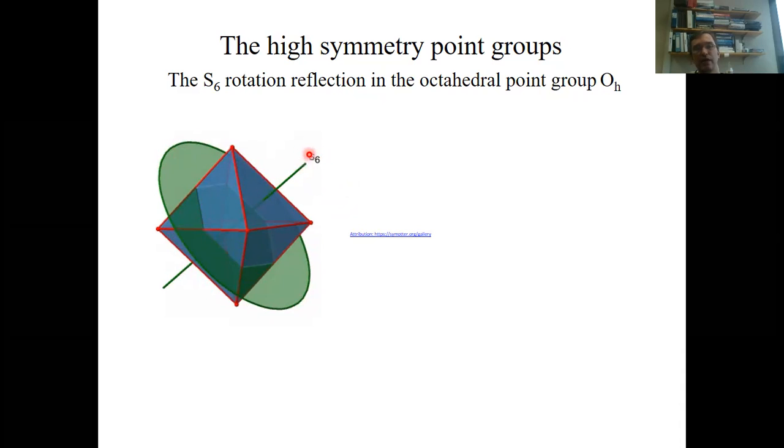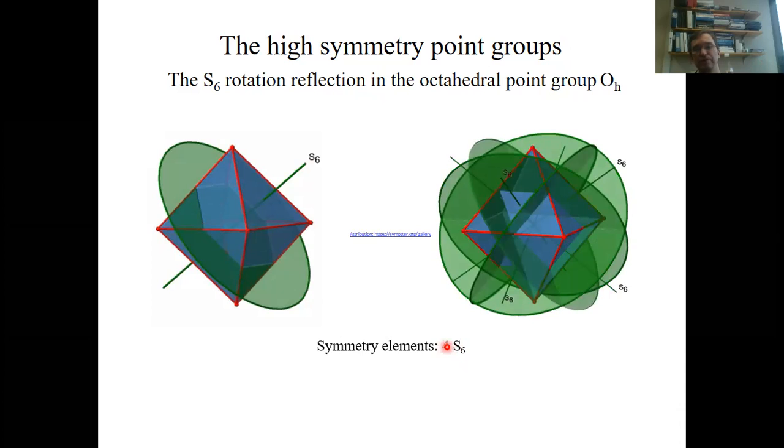So how many of these elements will we have? Each element contains 2 opposite faces. We previously saw that we have 8 faces to consider. So 8 over 2 gives overall 4 symmetry elements to consider. So how many symmetry operations will we have to consider? Well, in principle, we have to consider everything from S61 to S66.